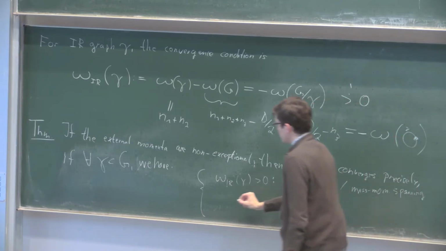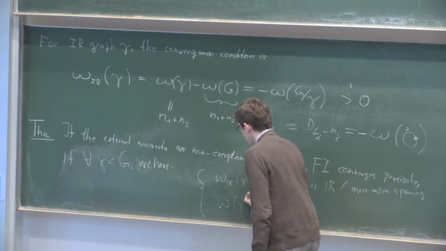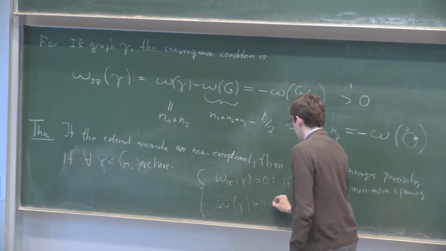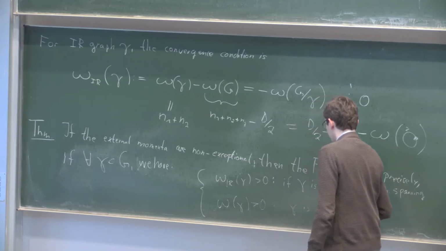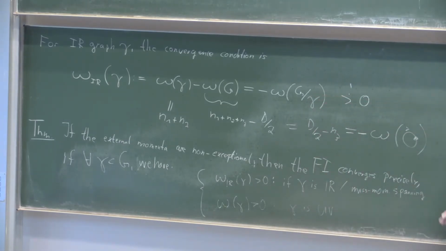And in the other cases, we just ask that the usual degree of convergence is greater than 0. And so this is a totally combinatorial condition which you can work out, which characterizes the convergence.